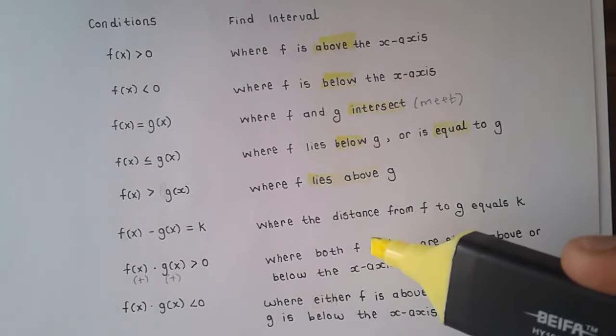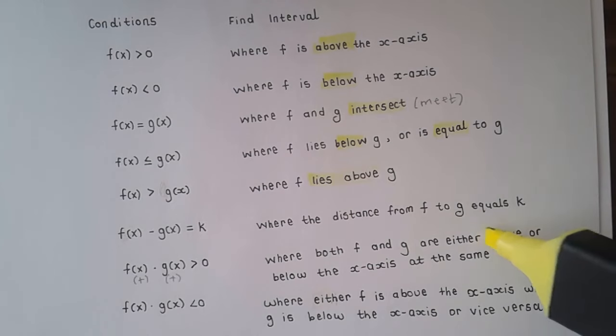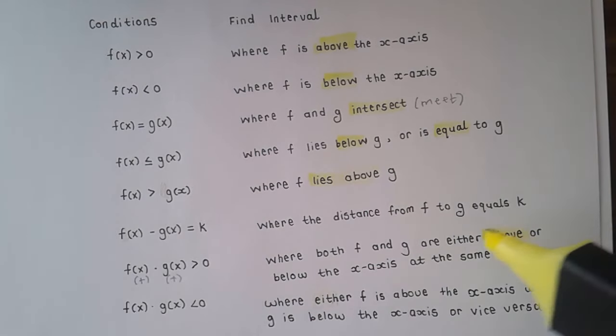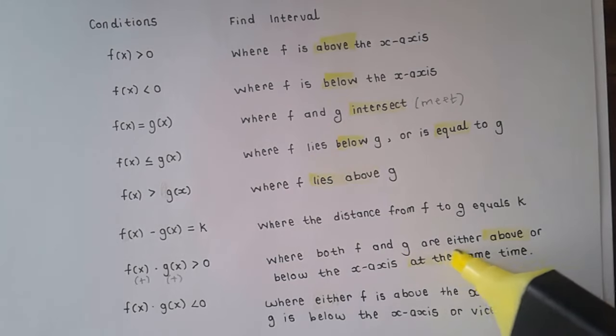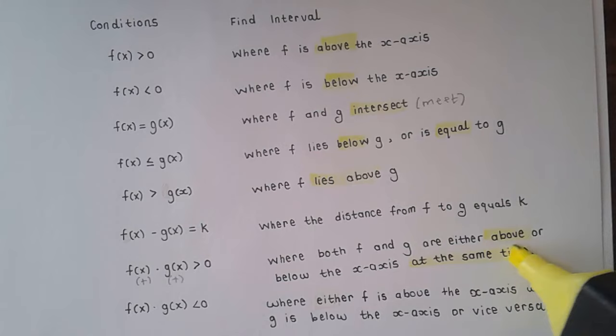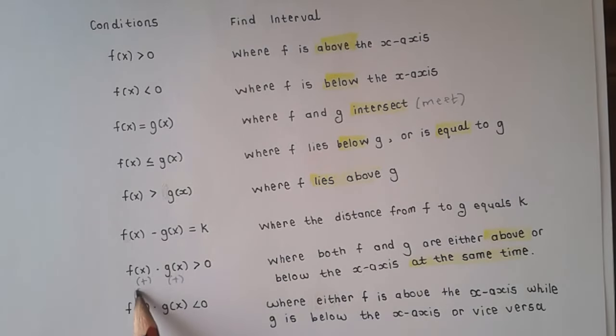You're basically looking for where the two graphs are either, first of all, above at the same time, so where the two functions are above the x-axis at the same time, or where the two functions are below the x-axis at the same time. If they're below the x-axis, then obviously f of x will be negative for that interval, and at the same time g of x will be negative for that interval.